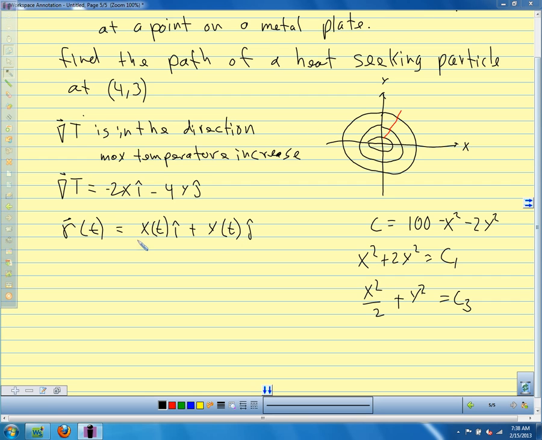What vector quantity that we've been working with points in the direction that the particle is moving? What does T stand for? The tangent vector.